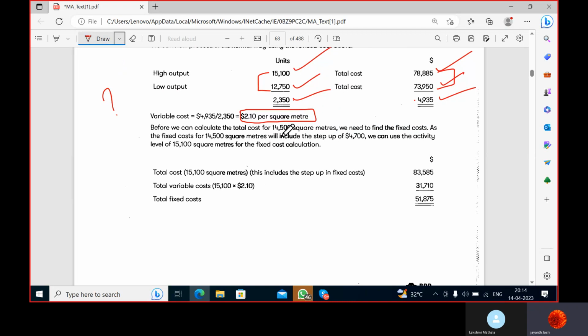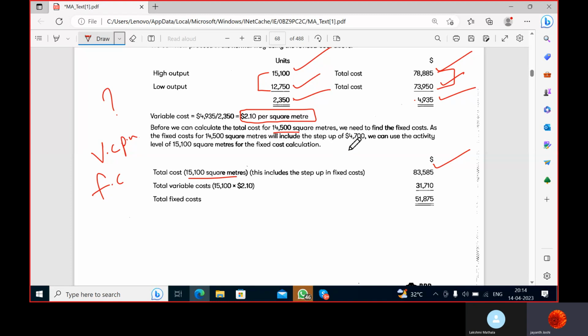Now, before we can calculate the total cost for 14,500 square meters, we need to find the fixed cost. You got the variable cost per unit, but you also need to find out the fixed cost. Until you get the fixed cost, you cannot get the total cost, correct? So what have they given as the total cost for 15,100? 83,585, correct? Yes, sir.